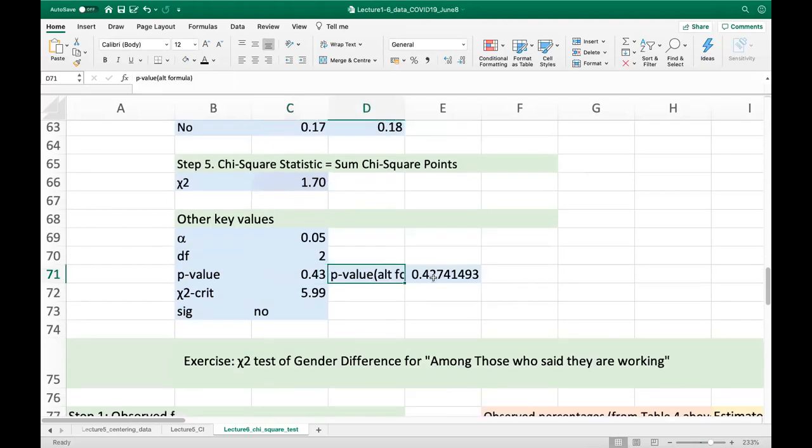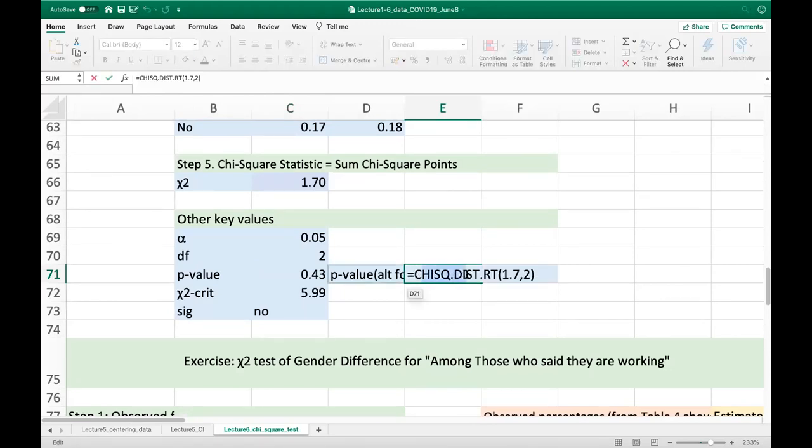We can use a different function called CHISQ.DIST.RT. This is another function that also gives you the p-value, but from a specific chi-square. In this case we have a chi-square of 1.7, so it takes 1.7 as the first argument.